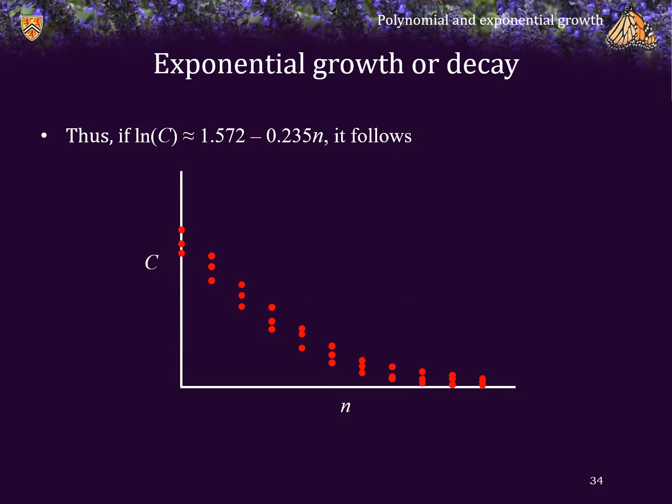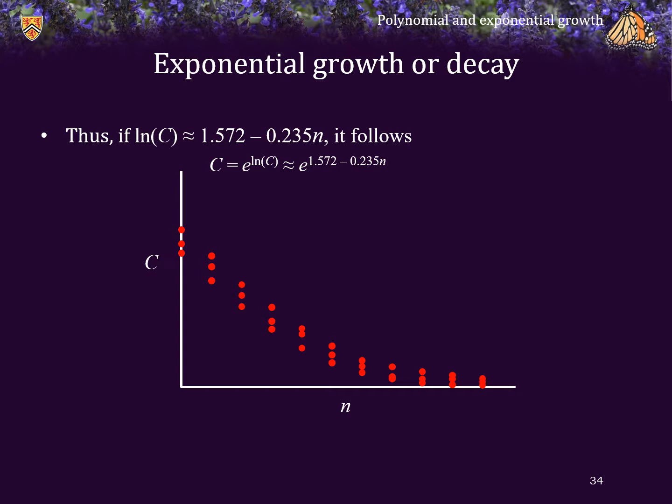Thus, if the natural logarithm of the count or quantity at time n is approximately equal to 1.572 minus 0.235n, it therefore follows that the count or quantity is equal to e raised to the logarithm of the count. Therefore, that's equal to e raised to that linear polynomial.